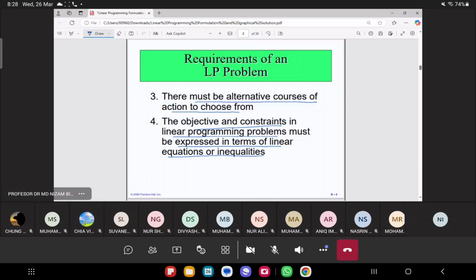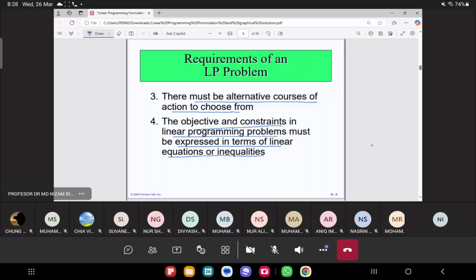So you should be able to come up with an equation on how to calculate profit in linear form, and also how to define the constraints in mathematical form. For example, manpower, number of machines. So you must be able to define mathematical expressions on machine utilization, for example, in linear form, in linear equations or inequalities.